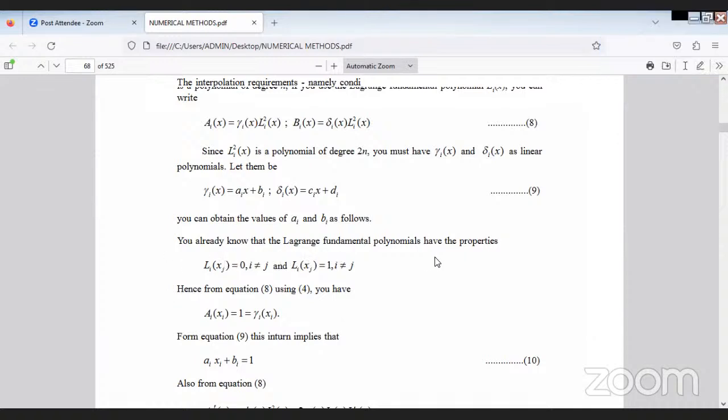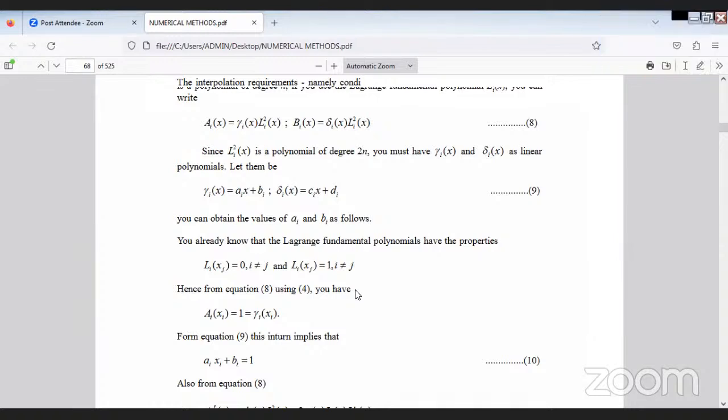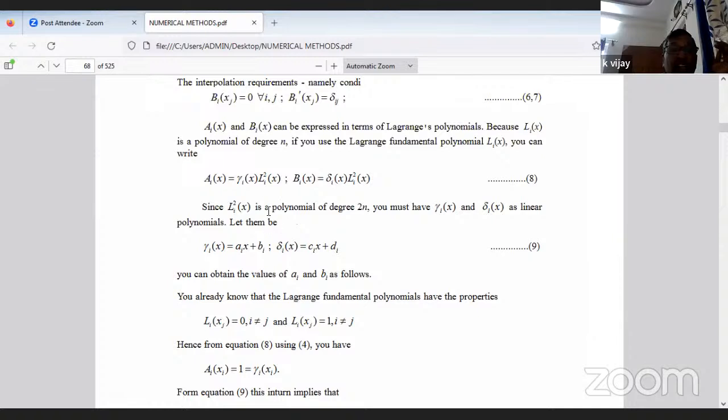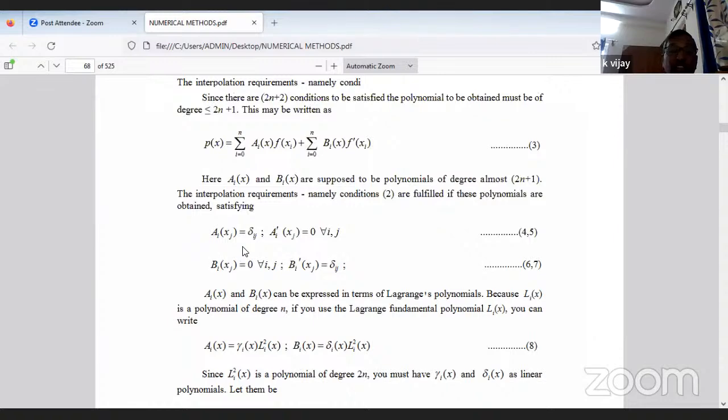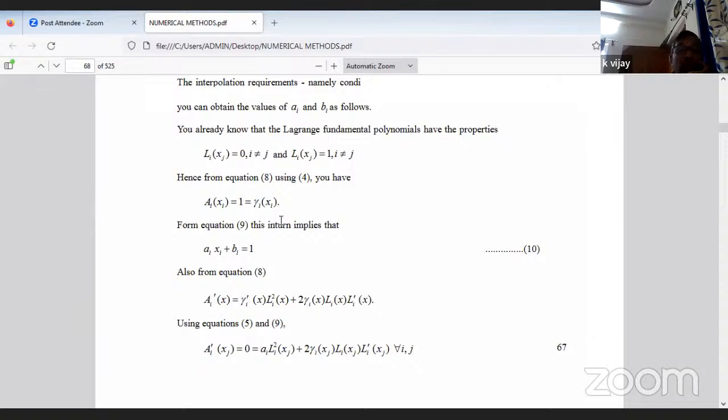You already know Li xj is equal to 0 for i not equal to j, and Li xi is equal to 1. So therefore, from forming the equation, ai xi is equal to 1 gives gamma xi. Given ai x is equal to gamma i x Li square x and bi x is equal to delta i x Li square x, in this equation we are substituting 1. So therefore ai xi is equal to 1, which is equal to gamma xi.